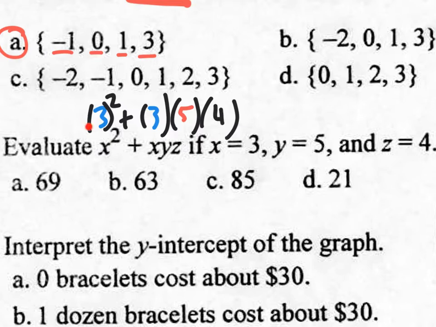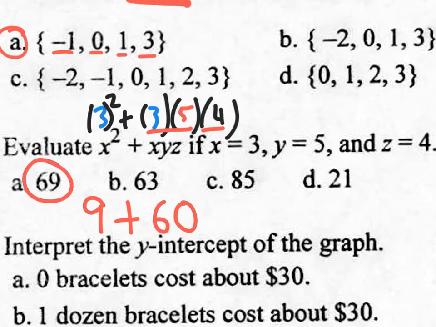So when I work this out, I get 9 right here, and then 3 times 5 is 15, 15 times 4 is 60. So the final answer is 69.